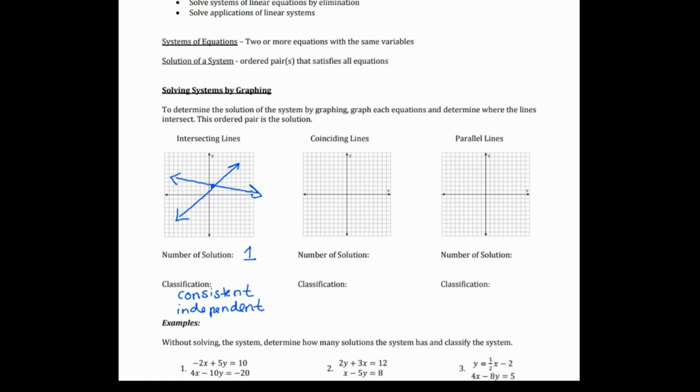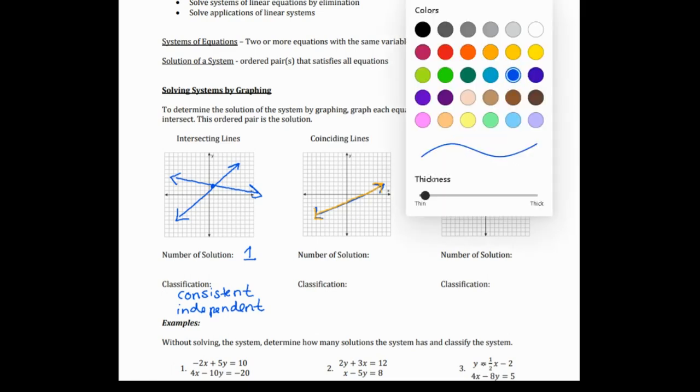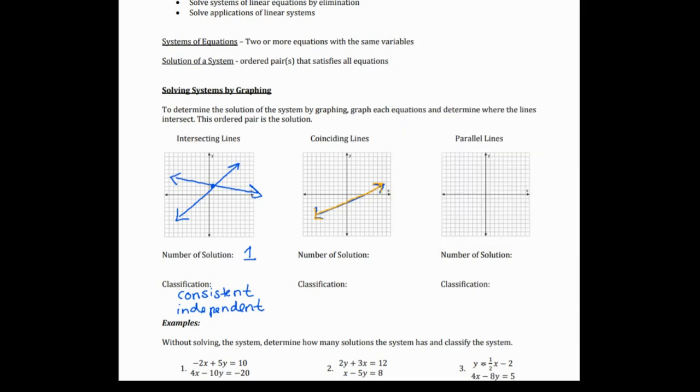Coinciding lines. Coinciding lines mean the exact same line. So, for instance, we have one line here, and then on top of it, the exact same line is plotted. In that case, how many solutions do we have?